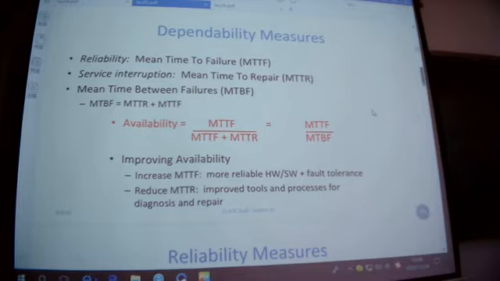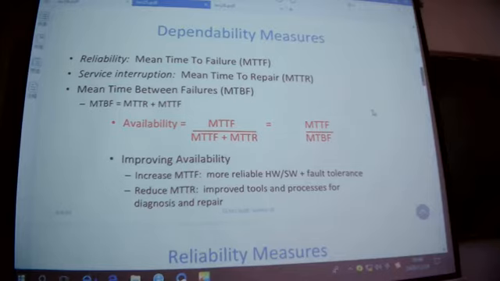Mean time between failures, MTBF, is MTTR plus MTTF. So we add the reliability and the service interruption times, and the sum of the two times is MTBF.